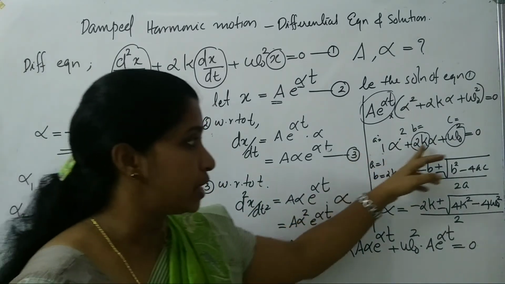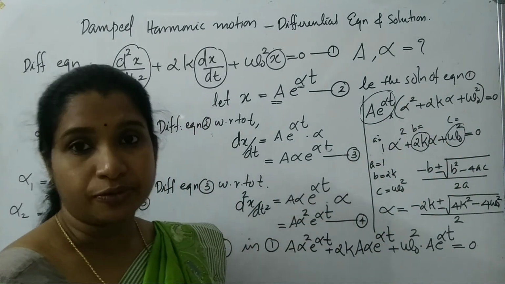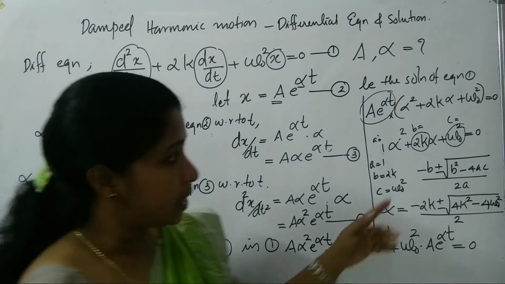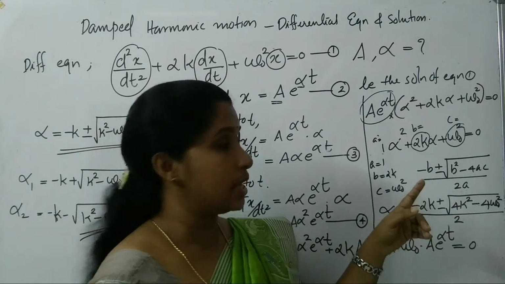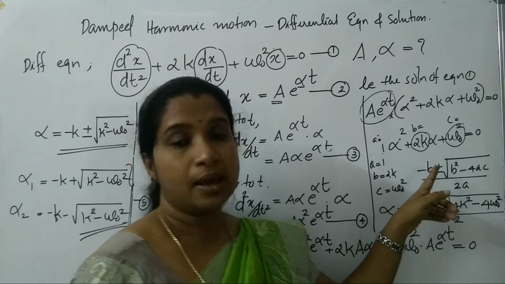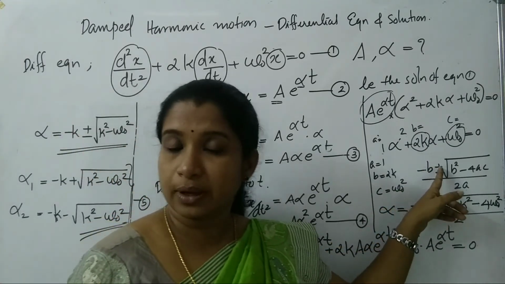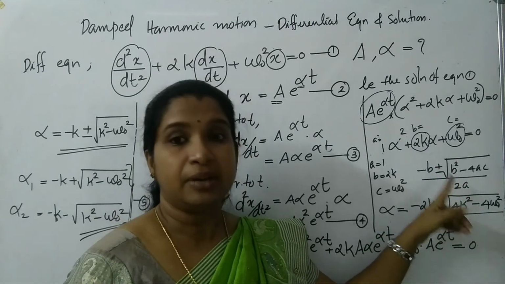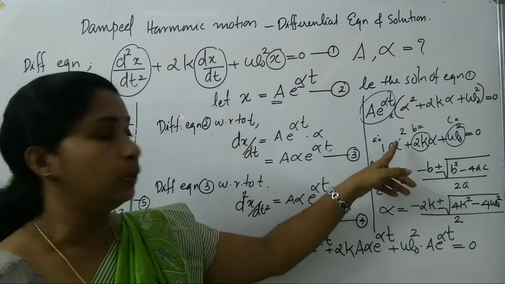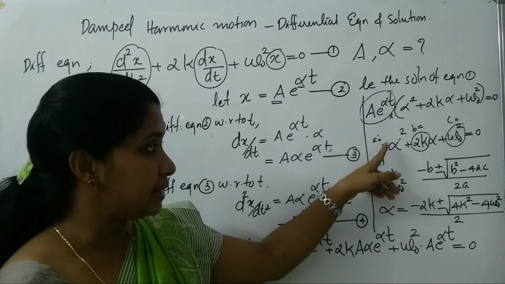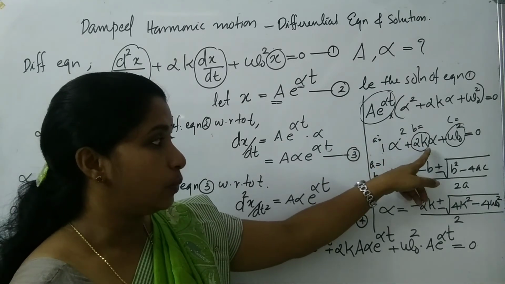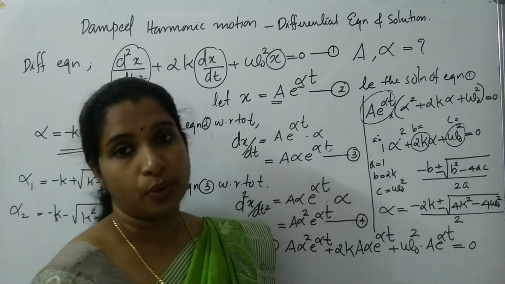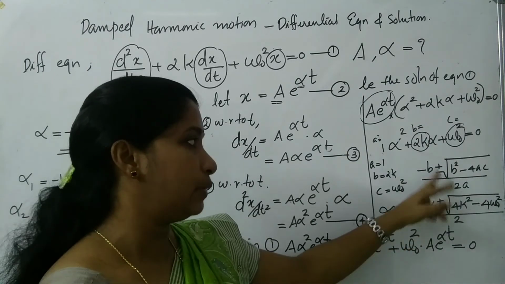It is a quadratic equation in terms of alpha. So from the standard solution of a quadratic equation, that is minus b plus or minus root of b square minus 4ac by 2a, from this equation we can find out the value of alpha. Here a is equal to 1, b is equal to 2k and c is equal to omega 0 square. Substitute the values here.